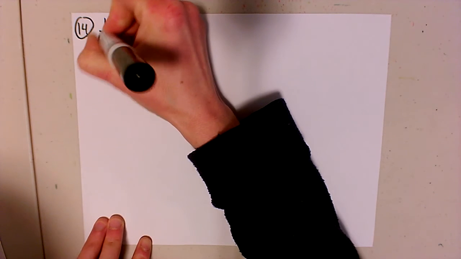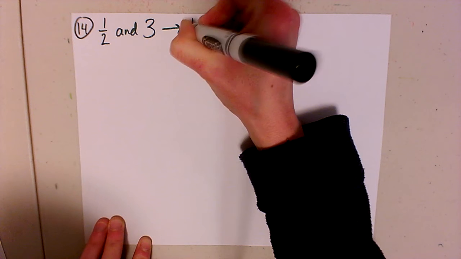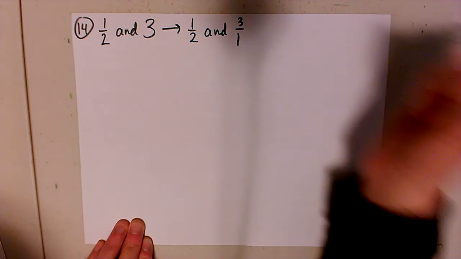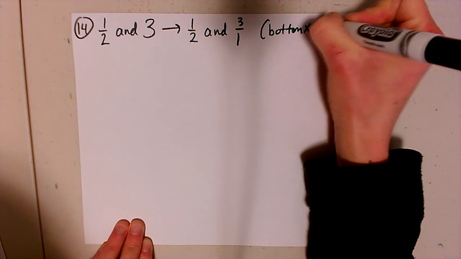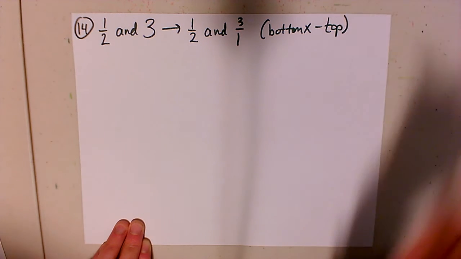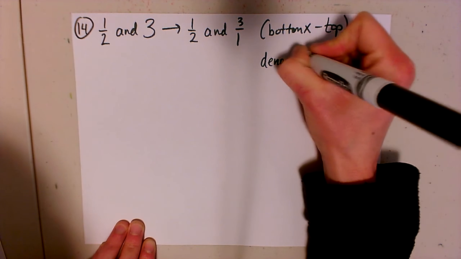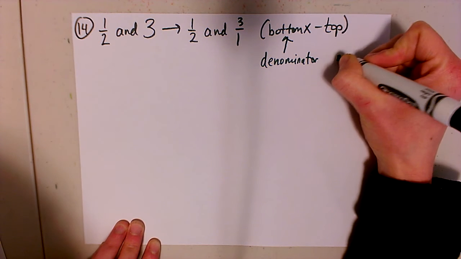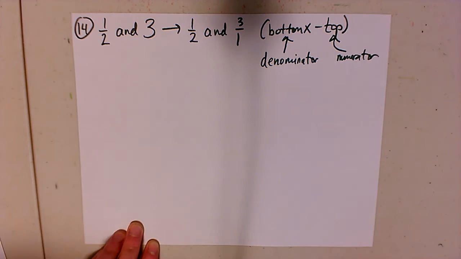So for 14, we have 1/2 and 3. And I'm going to think about this as 1/2 and 3 over 1. And then remember, we want to use the format bottom x minus top, right? So our bottom is our denominator, and then our top is our numerator.